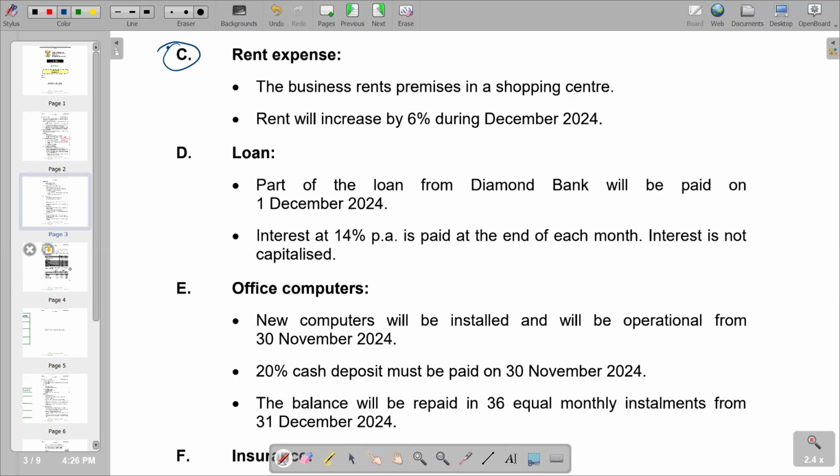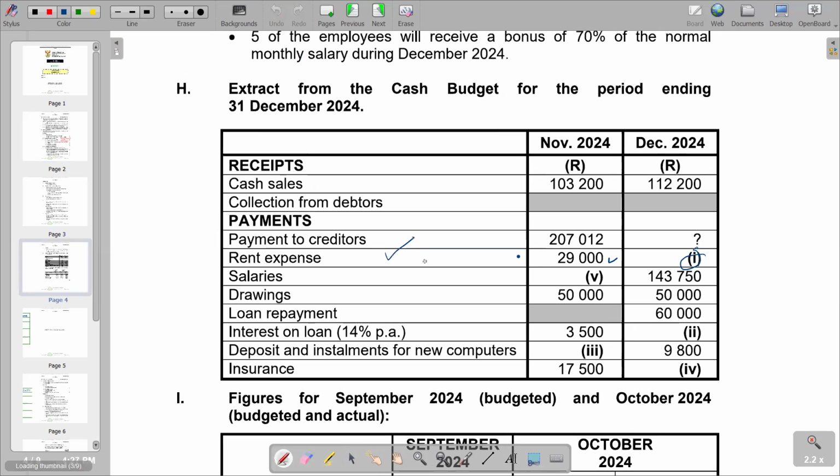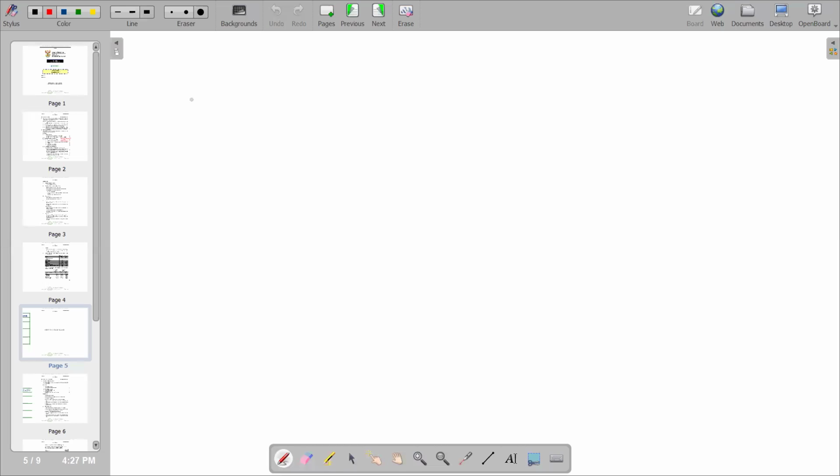So it means the rent that we have for November 2024, 29,000, has to increase by 6%. In that case, the rent before the increase is 100%. Then there is an increase of 6%.